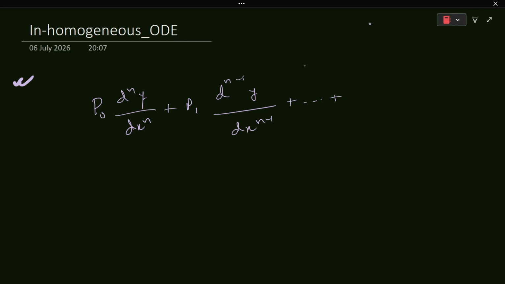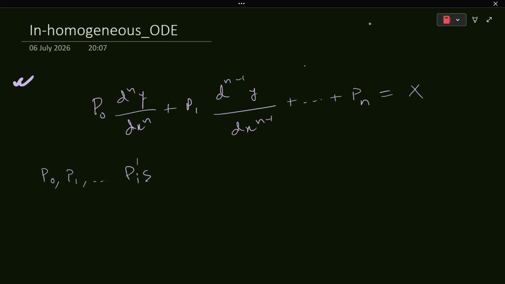The last term has the coefficient Pn, and there the derivative has power n minus n, that is 0, and something to the power 0 is 1, so it is just Pn y, equal to capital X. These P0, P1, and so on are simple coefficients, the Pi's.